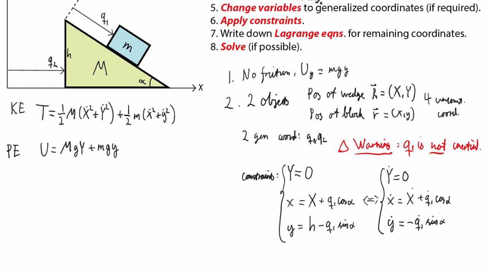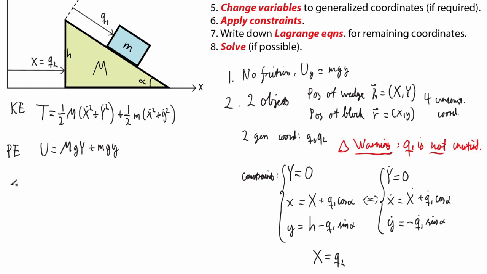Now, the next step here is to change the variables and then to apply the constraints. I'm going to do that at the same time because we have sort of already mixed them up. There is one other thing that we need to note though, and that is that capital X and Q2 is the same thing, right? So we could have used Q2 as capital X, but it'll be simpler to keep Q1 and Q2 on the same similar form.